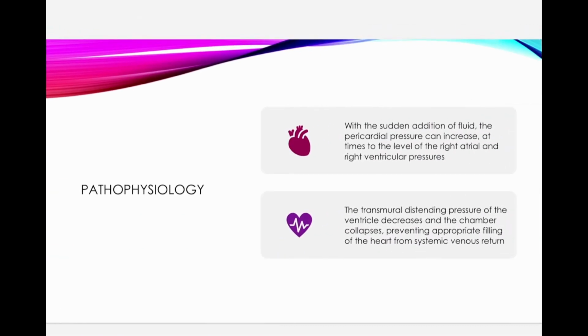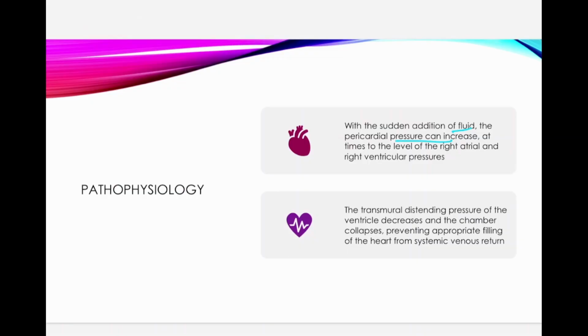Okay, so with a sudden addition of fluid in that pericardial space, pericardial pressure can increase. And remember, the right side of the heart doesn't have very high pressures. The left side does, but the right doesn't. So if this pericardial pressure pushing down on the heart exceeds the right ventricular pressure, that right ventricle can't pop open, and you get backflow up into the IVC, back down to the liver, because the right ventricle now can't open because of the effusion.